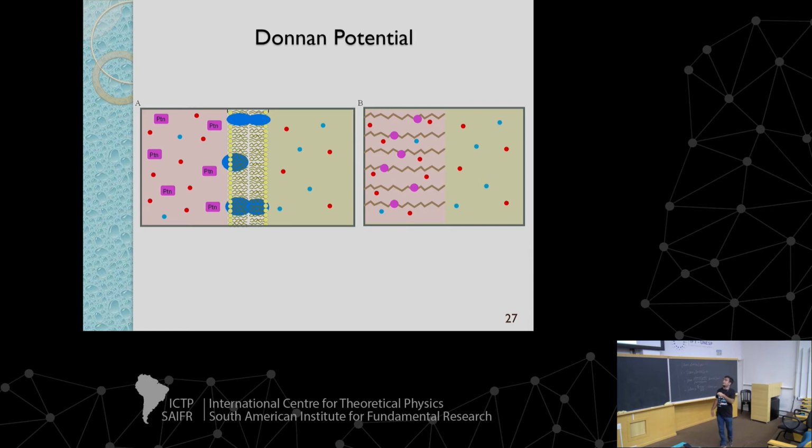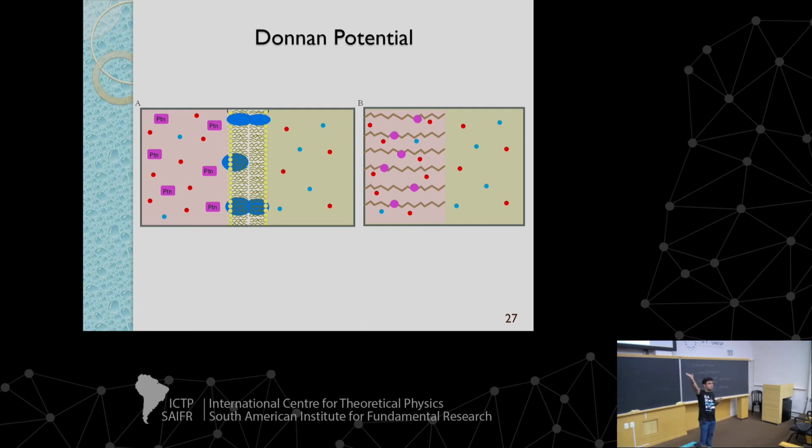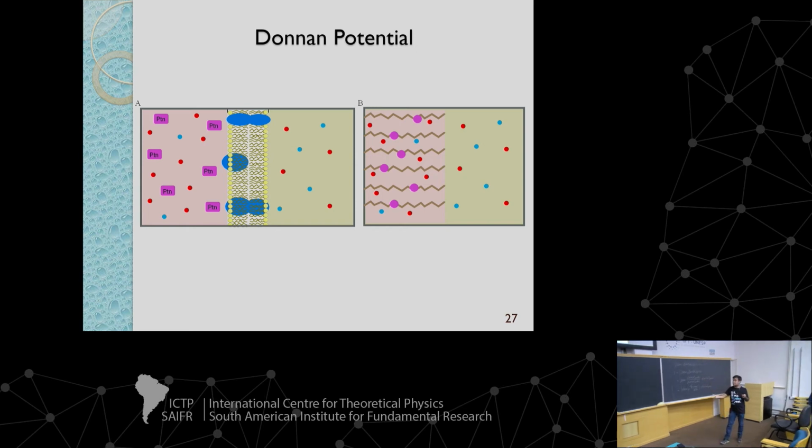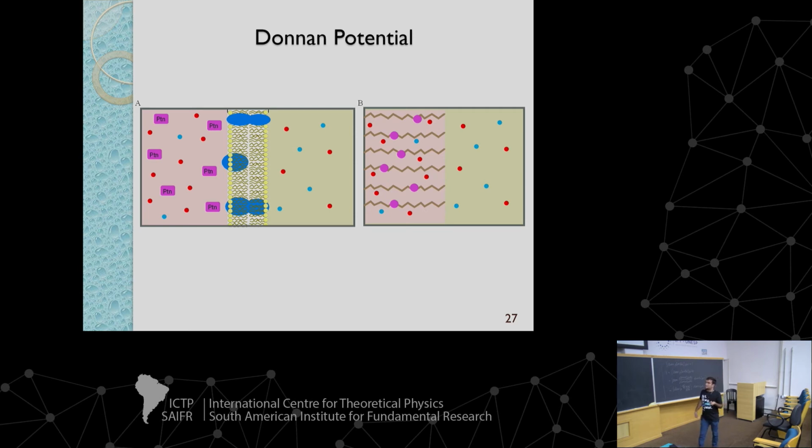As we have a semi-permeable membrane, having different charges inside and outside the cell, for example, gives rise to a Donnan potential. And we showed that we can predict this Donnan potential exactly equal to that predicted by the Nernst equation, using a continuous approach.